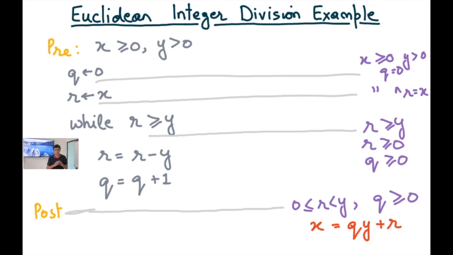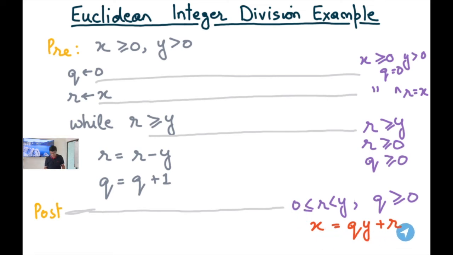Now, those were some invariants, and these are just some examples of invariants. But there are some invariants that are more useful than others. For example, in this program, which is the Euclidean integer division example, one of the properties that I want to prove is that when this program exits, I get the right answer in Q and R, which means Q is the quotient and R is the remainder, which basically means that X should be equal to QY plus R. Moreover, R should be less than the divisor, which is R should be less than Y, and R should be greater than equal to 0.